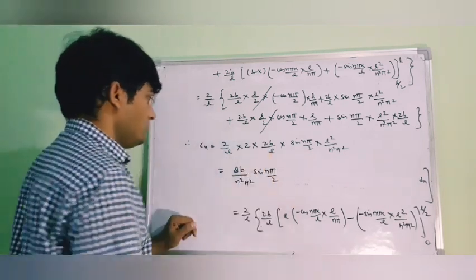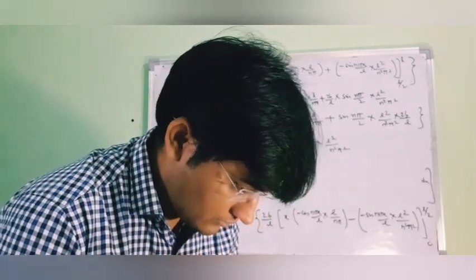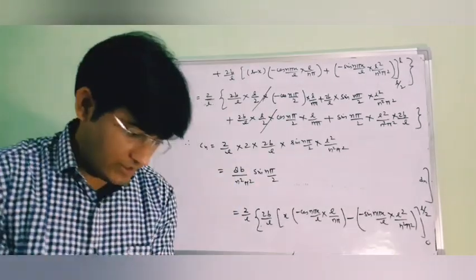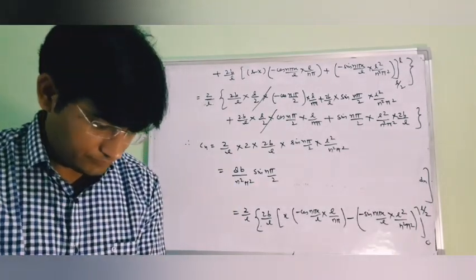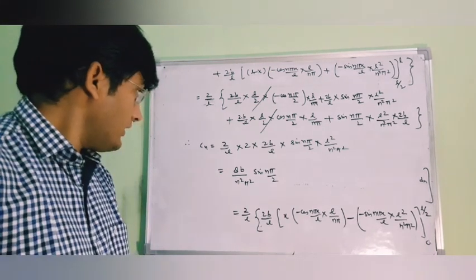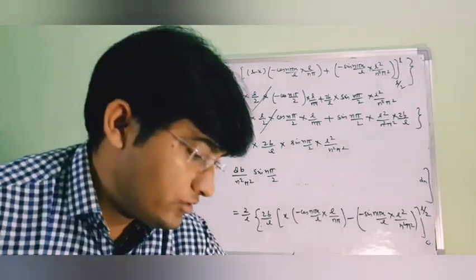So this is your Cn, and let me cross check this Cn. So our Cn is 8b upon n square pi square sin n pi by 2. So this is your solution.